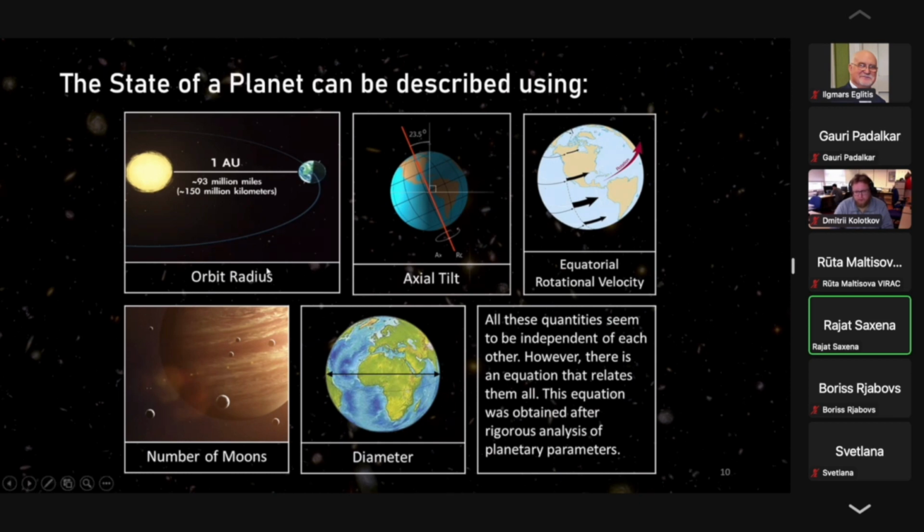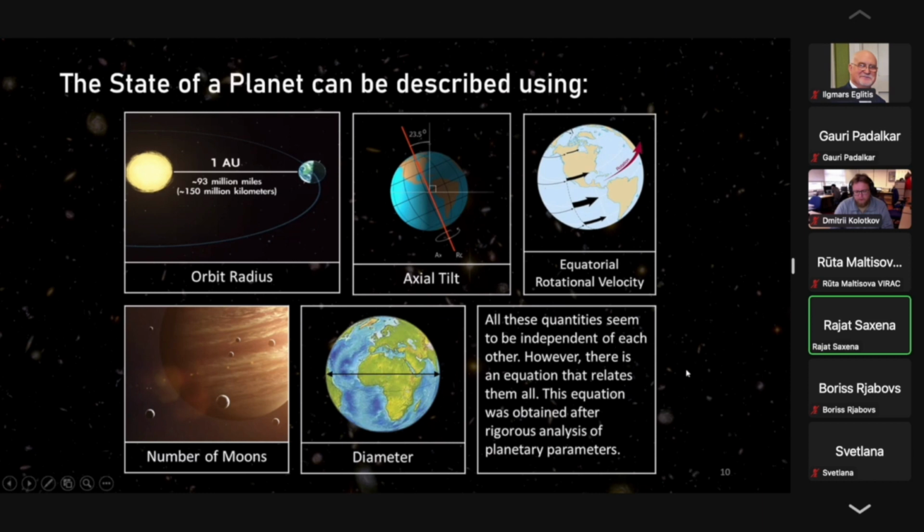All of these quantities explain various physical phenomena on planets, such as the surface temperature, the wind speed, seasons, weather conditions, etc.